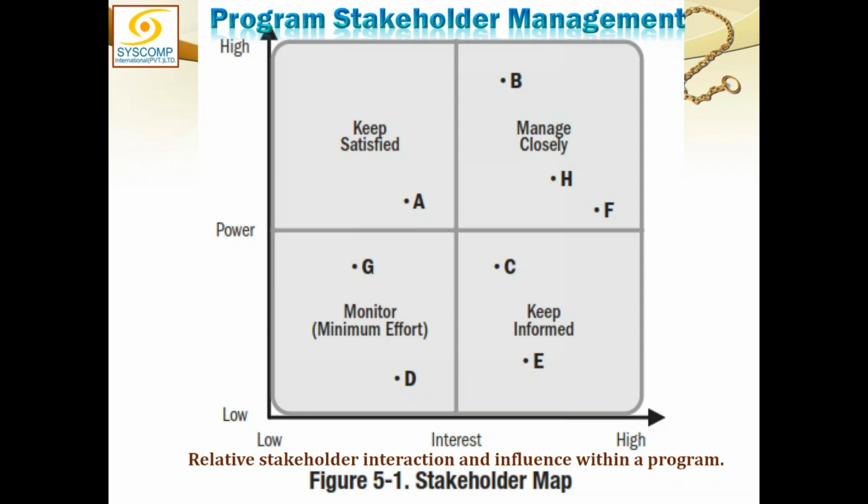Normally this map could be between interest and power, influence and power, interest and influence, or any two variables. Now, you have to decide which two variables are most important to you to map the various stakeholders. For example, we are taking interest and power.